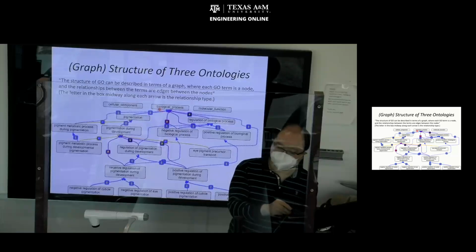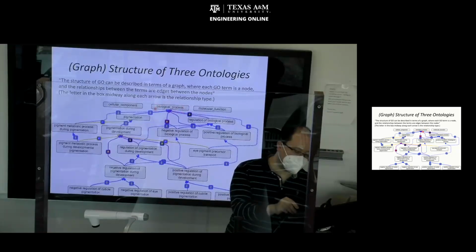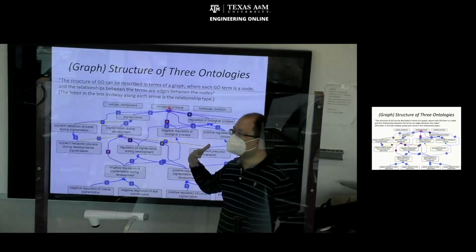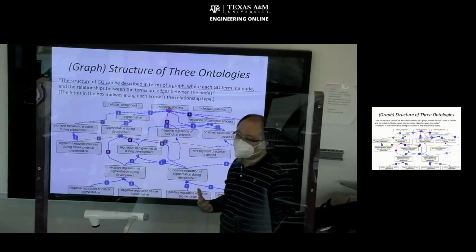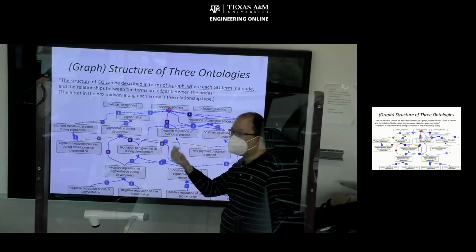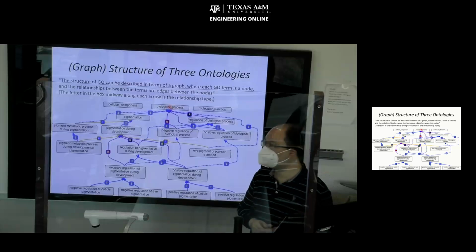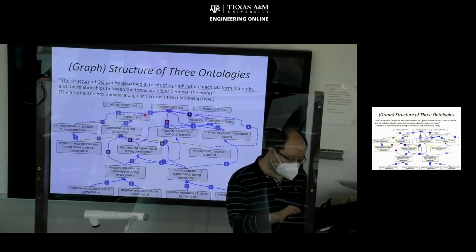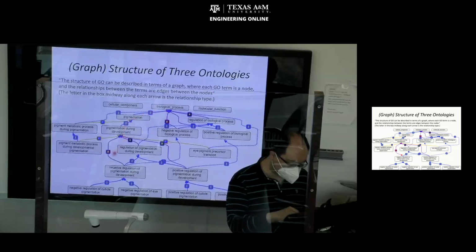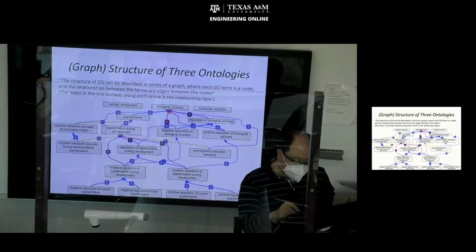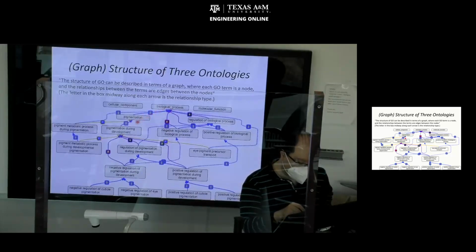But in general, this is like an upside-down tree if we only consider certain relationships. On the top you have the root. As you go down to the leaf, if you follow a path, the function is getting more and more specific, isn't it?